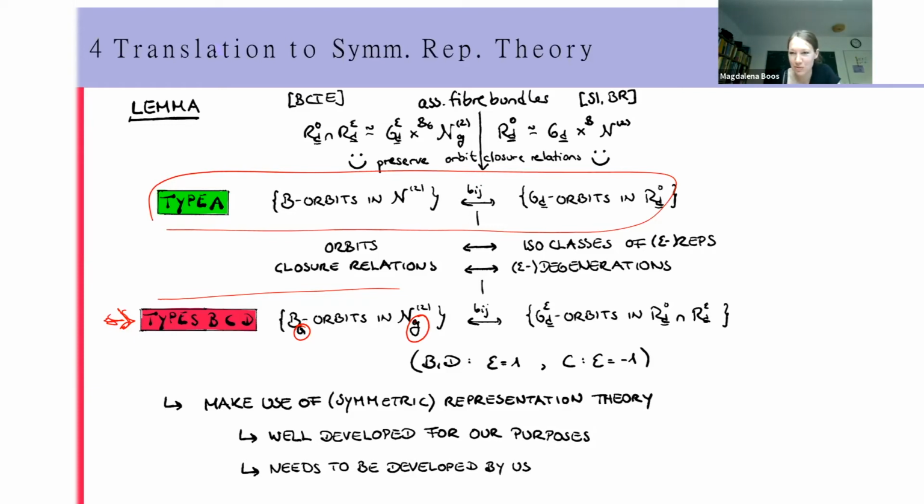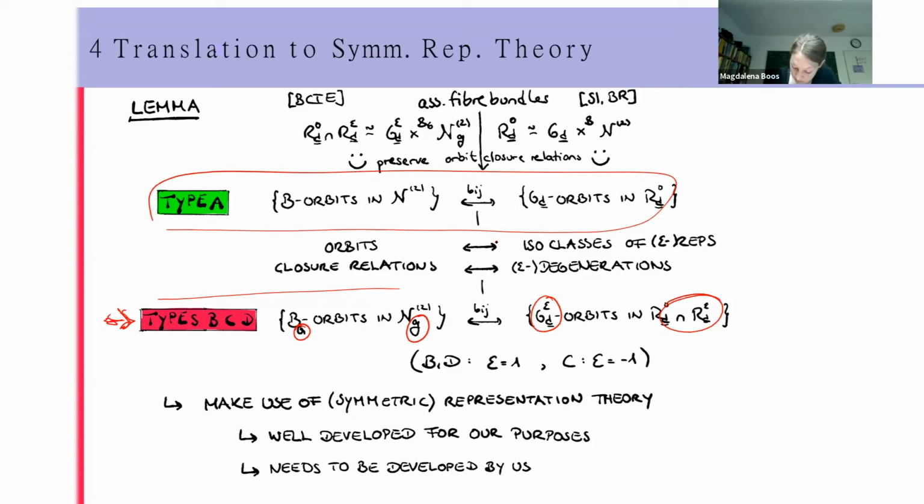Of course, we use the action which we just defined, so G_D epsilon orbits in those. It's the same, and also the associated fiber bundle construction is the same. It's just that everything is restricted to epsilon representations. In classical types B and D, epsilon is 1, and in type C, epsilon is -1.